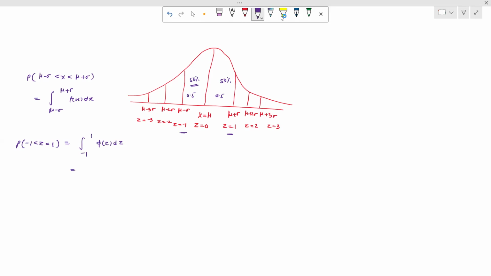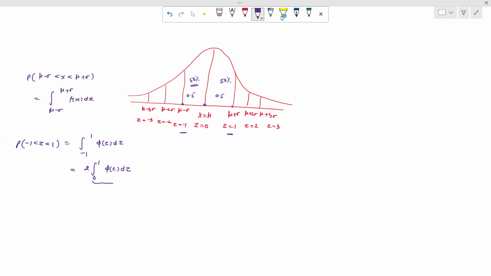So we see that on both sides we have symmetry. The same area we have on the positive side and the same area on the negative side. So this can be written as twice the integral from 0 to 1 of phi of z into dz.